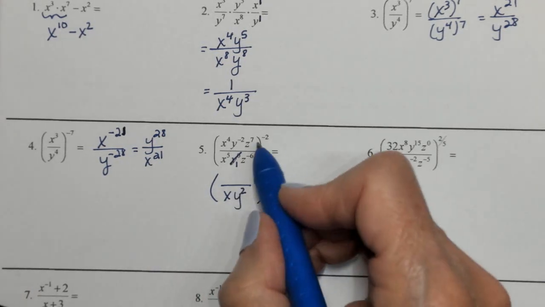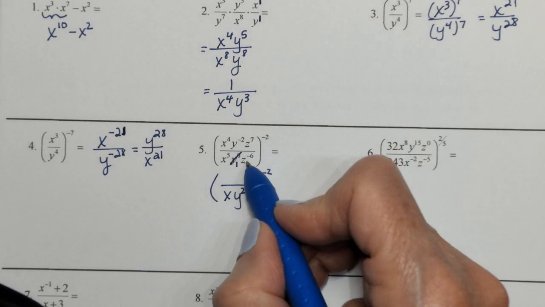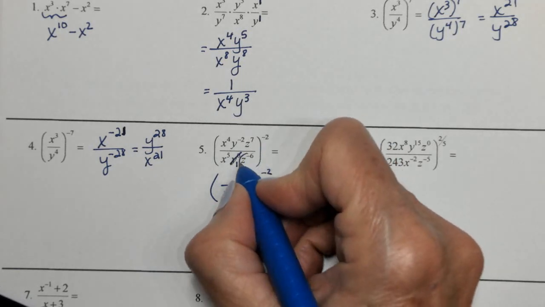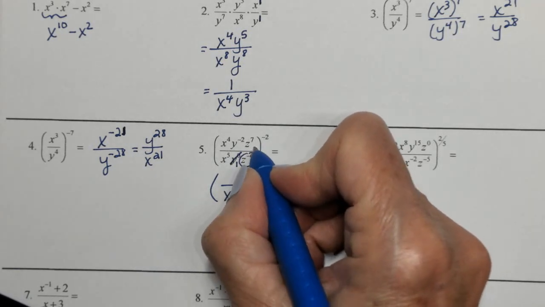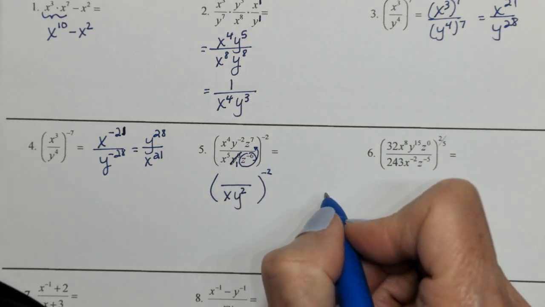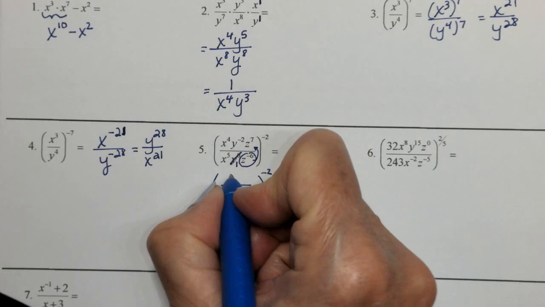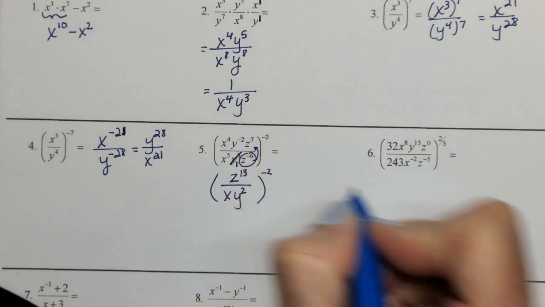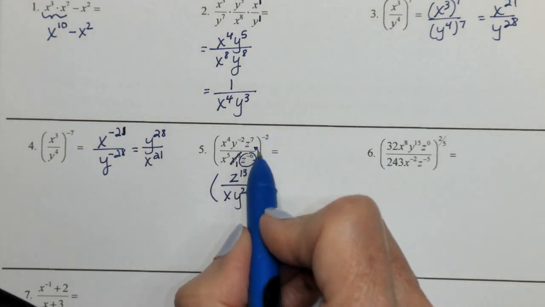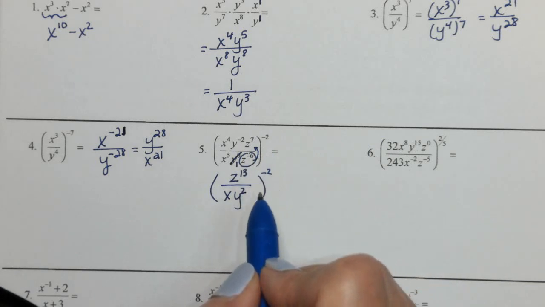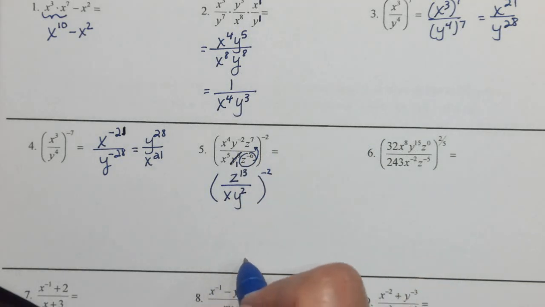And now for my z's, I have z to the 7th and z to the negative 6th. The z to the negative 6th is going to go up to the top where it will be a positive power, and I'm going to add it to the z to the 7th, and that will make it z to the 13. Another way you can think of that is 7 minus a negative 6 is positive 13.